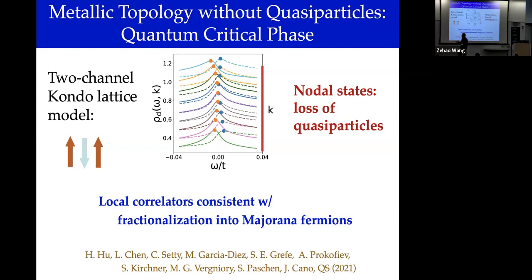For the two-channel Kondo problem per se, it was known that the system fractionalized into Majorana fermions as elementary excitations. If it were a three-channel Kondo problem, it would have been some parafermions that represent the elementary excitations.